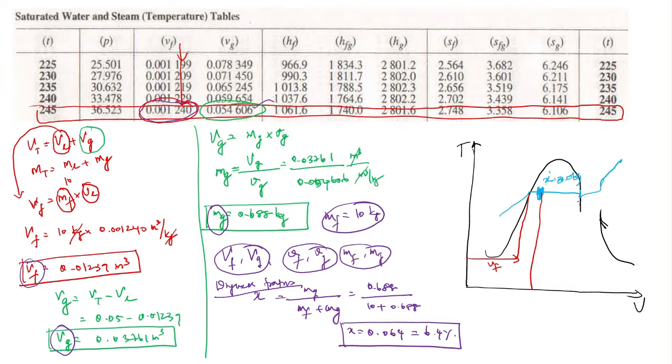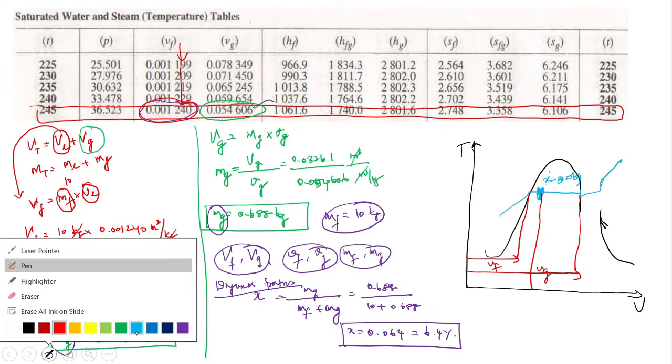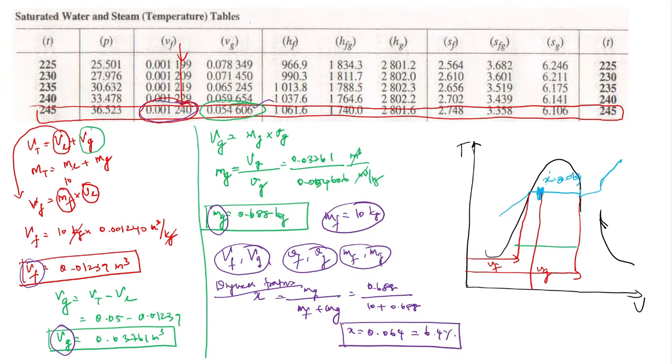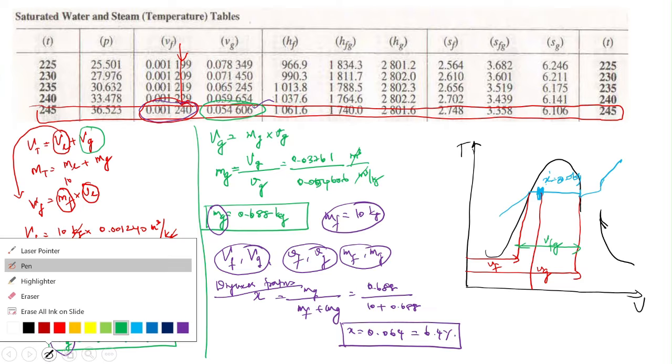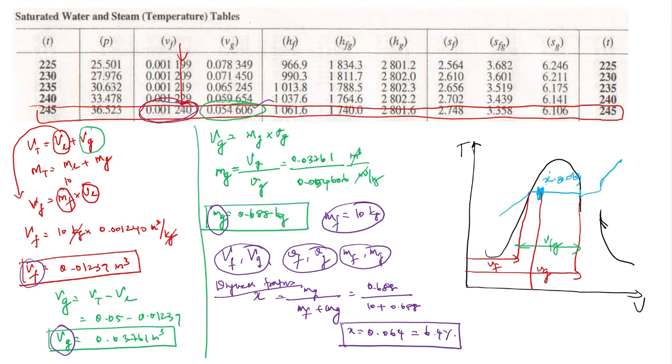Then at a particular point, this is called Vg. In between these values, this is called Vfg. But we need a value at this point. We consider this point as Vx, that is the x.